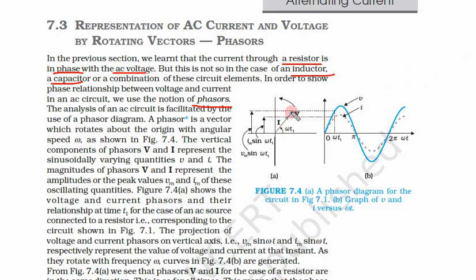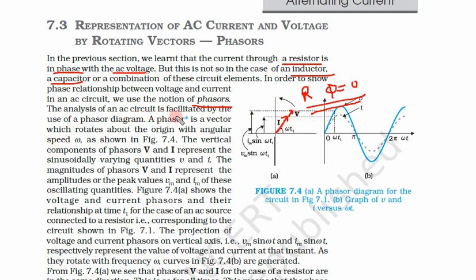If we see this notion between current and voltage for a resistor, we see that there is zero angle between them, both are at the same angle, that means phi is equal to 0 for a resistor. That means the current and voltage for a resistor are in phase. But we will see how this changes for an inductor and capacitor.